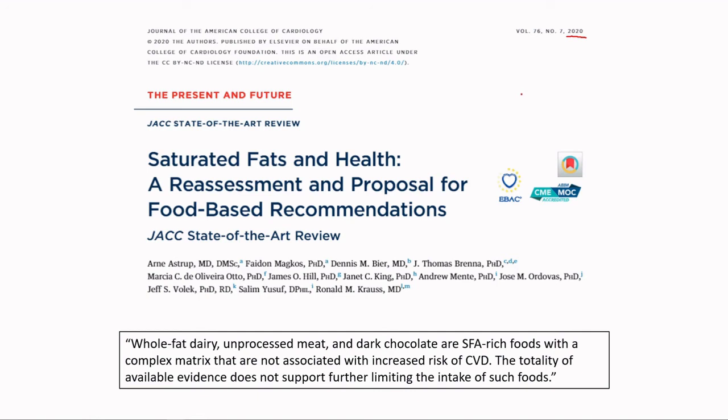This was a state-of-the-art review where they discussed saturated fat, and specifically certain foods that are high in saturated fat, such as whole fat dairy, unprocessed meat, and dark chocolate, which have a complex matrix of micronutrients, and they are not associated with the increased risk of cardiovascular disease. They go on to say the totality of available evidence does not support further limiting the intake of such foods, even though they are high in saturated fat.